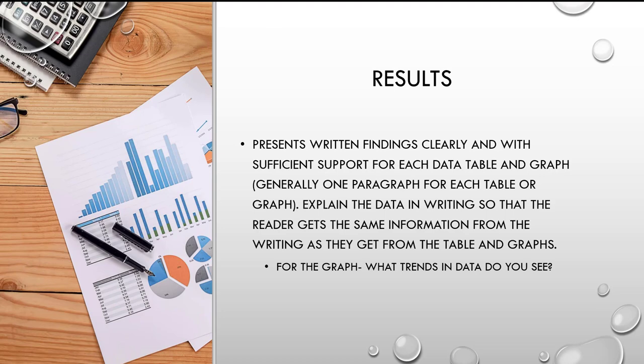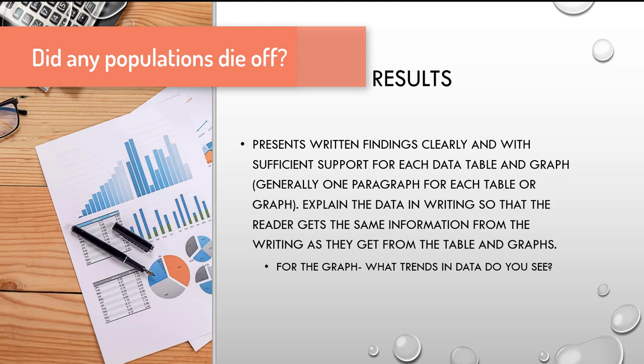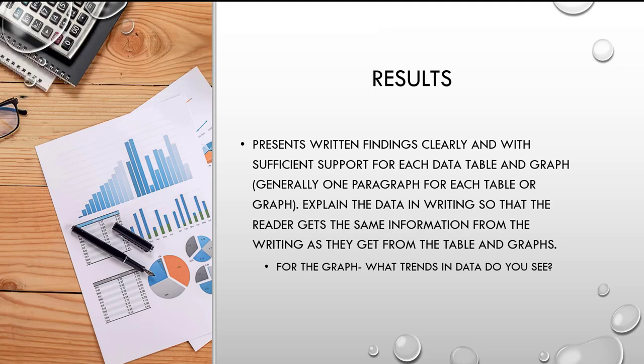What type of population curves are you noticing? Do you see a trend? Is there one that is standing out? Which container seems to, did a population end up dying off? Just what are the trends that you see?